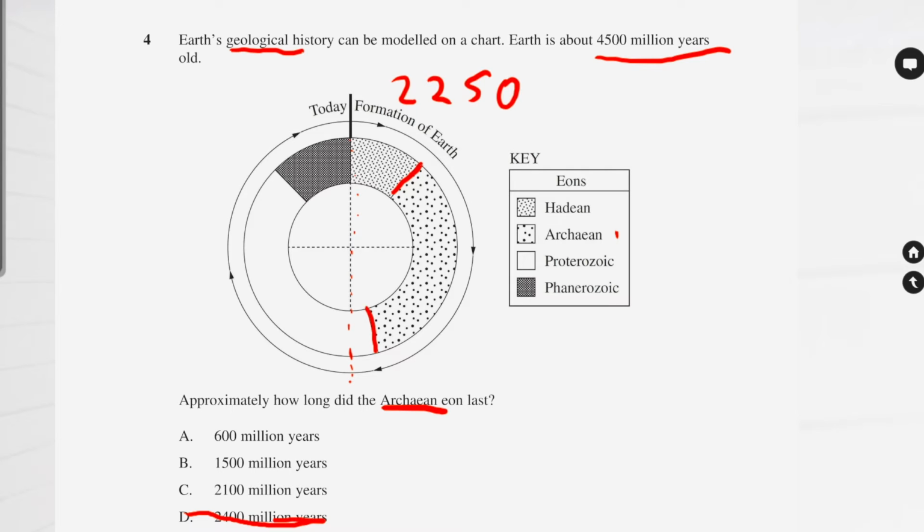So that is gone. The other thing we need to make a judgment about is, well, 2,100 million years is very close to that there. This looks as though it's pretty much significantly less than that.